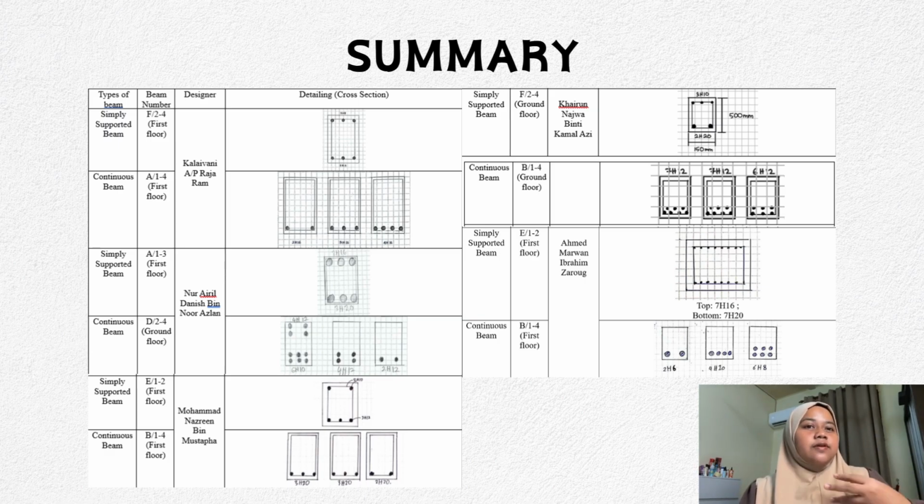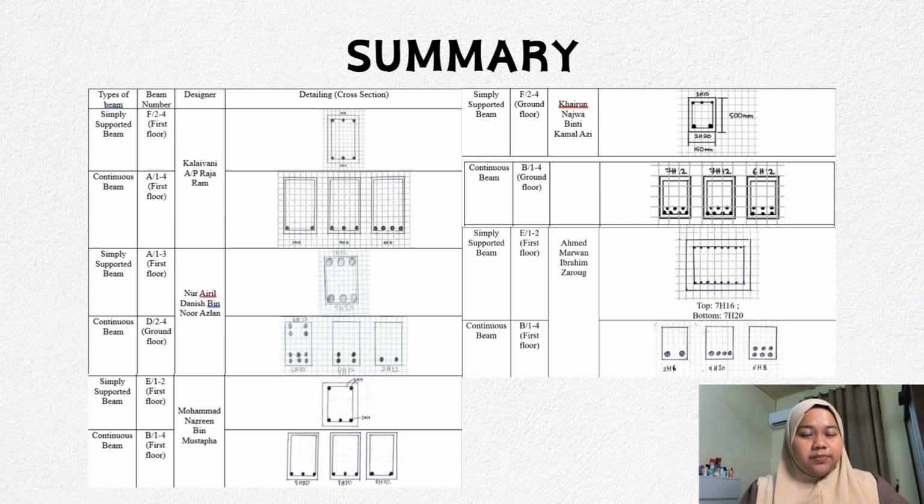So, the first designer, Kalaivani, decided for the supported beam, which is F2 until 4, the first floor beam. She designed the detailing of the beam, where the top reinforcement is 3H8 and the bottom reinforcement is 3H60.